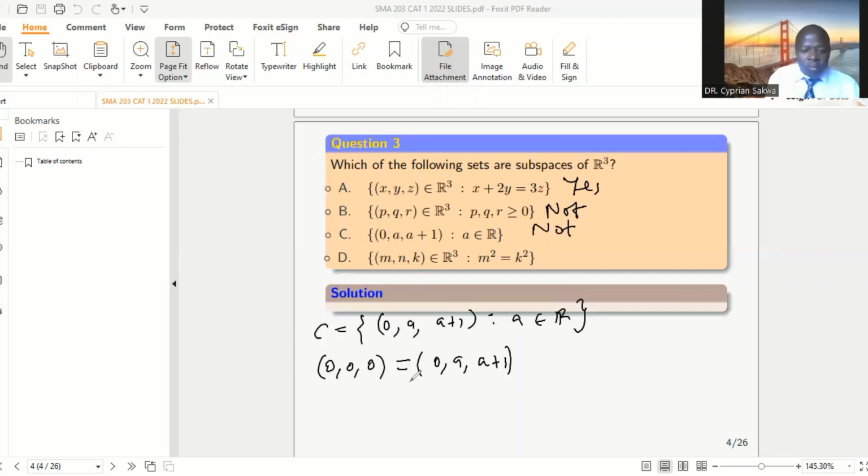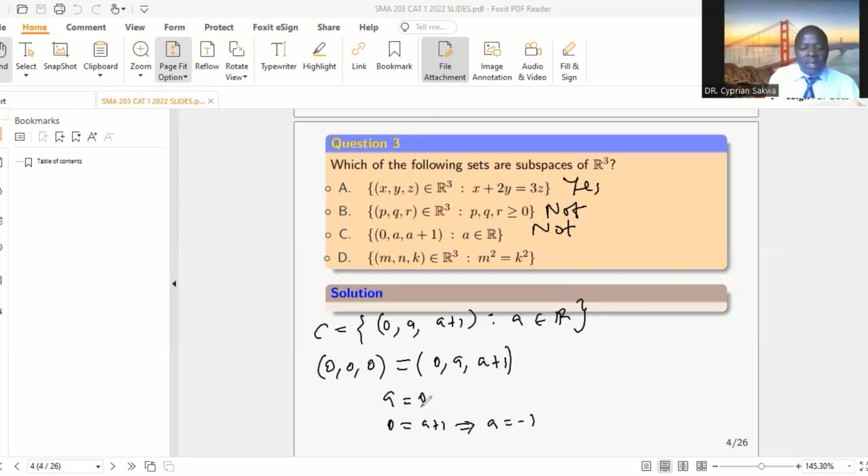What will be a? When I look at the second entries, comparing the second entries, a is 0. What about if I compare the third entry? Third entry, I find that a = 0 is a + 1, which in fact means that a is negative 1.